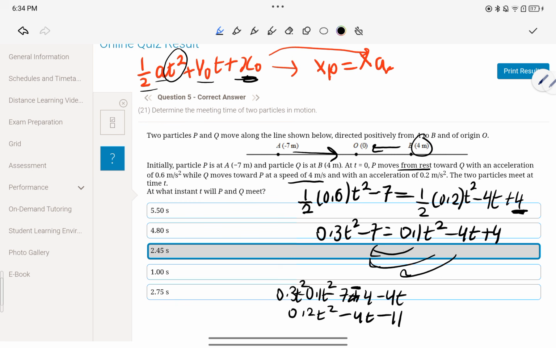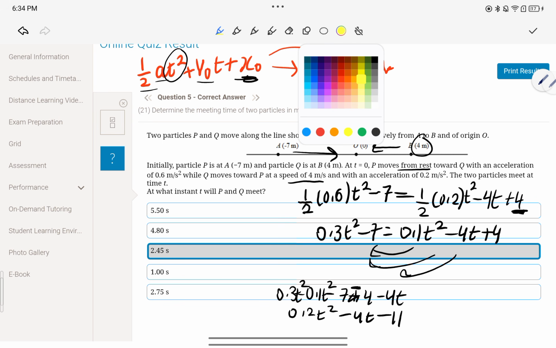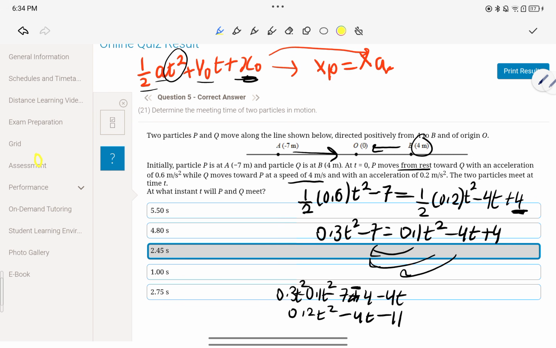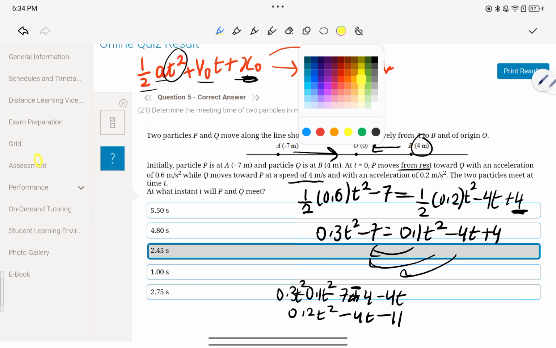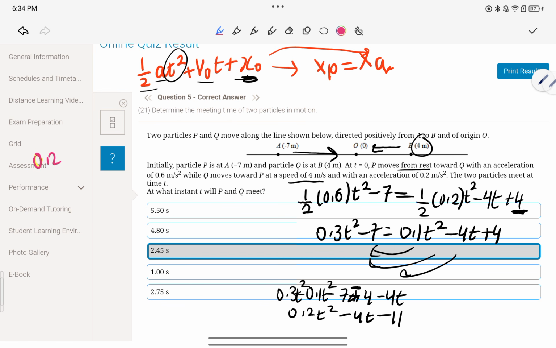Okay, now on the calculator, mode 5, 3, 0.2 in A, negative 4 in B, negative 11 in C. Okay, look. With this, you're going to put 0.2t minus 4t minus 11.